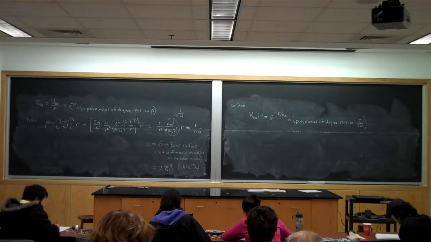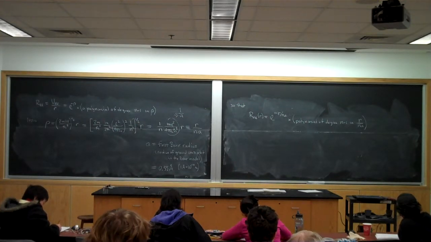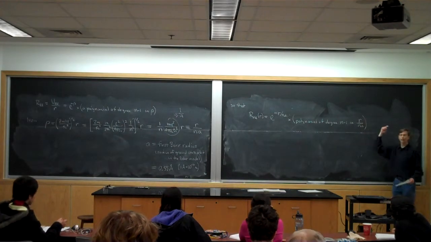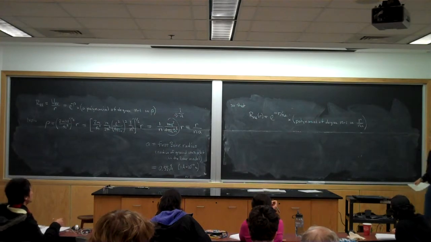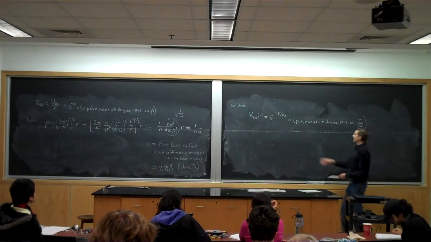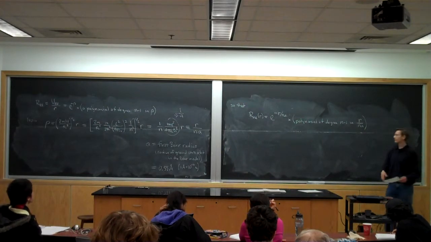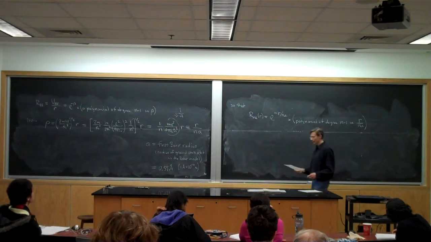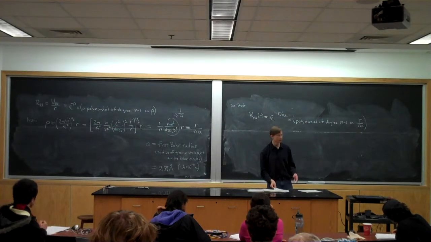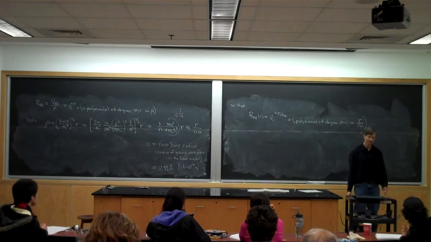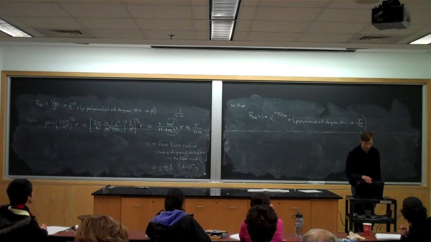Since rho is r over na and it's a polynomial of degree n minus 1 in rho, it's fundamentally of degree n minus 1 in r. So the radial part of the wave function is e to the minus r over na times a polynomial of degree n minus 1 in r. That's the grand high thing that comes out of all of this, and you get to do some things with that in the homework.